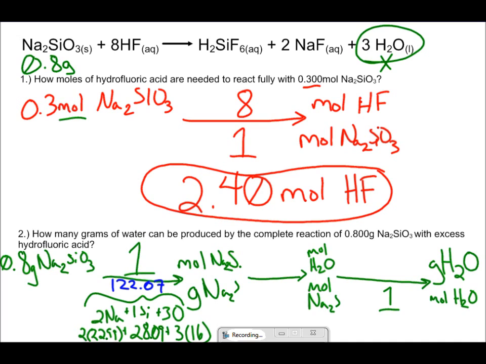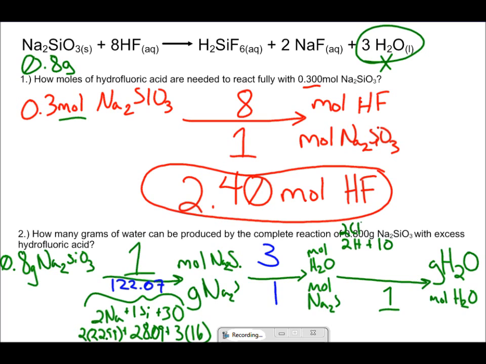Coefficients go in a mole-to-mole ratio, so there are 3 moles of water to 1 mole of sodium silicate. Molar mass of water: I have 2 hydrogens, 1 oxygen.